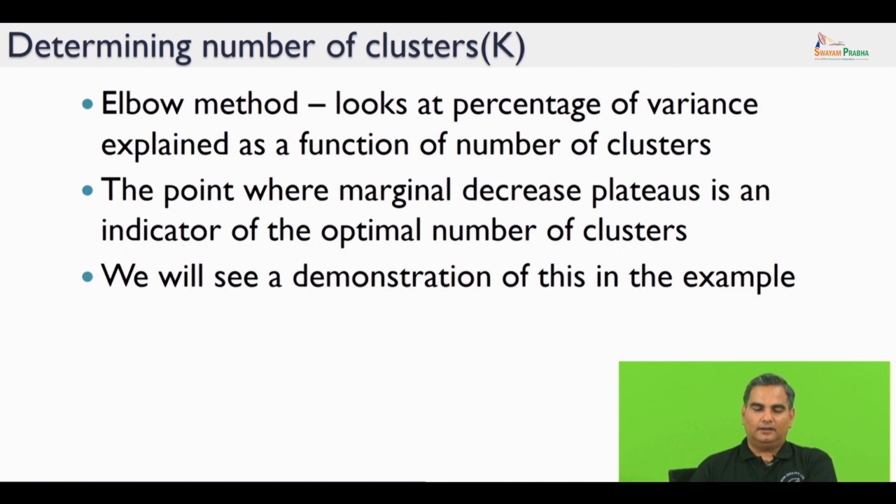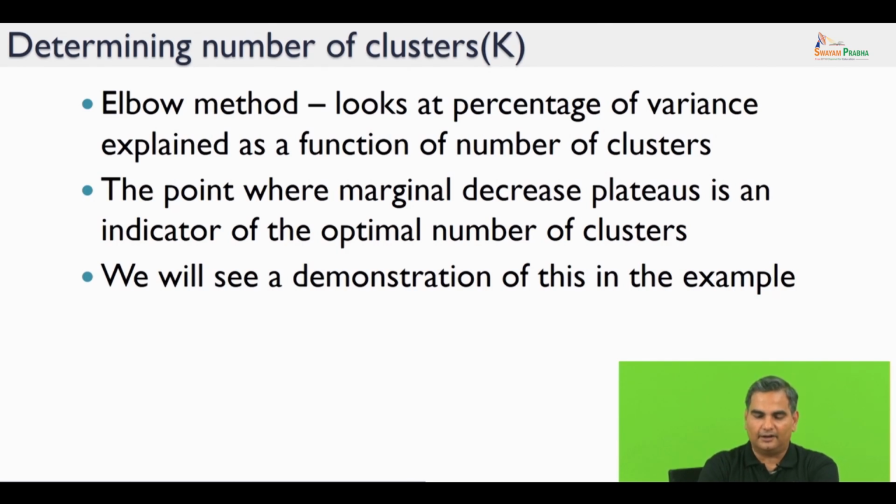Now, we kept talking about finding the number of clusters. Till now I said you let the algorithm know how many clusters you want to look for, but there is something called an elbow method, where you look at the results of the clustering for different numbers of clusters and use a graph to find out what is an optimum number of clusters.